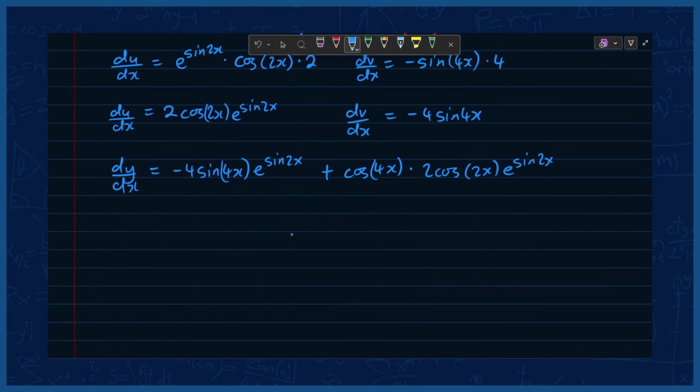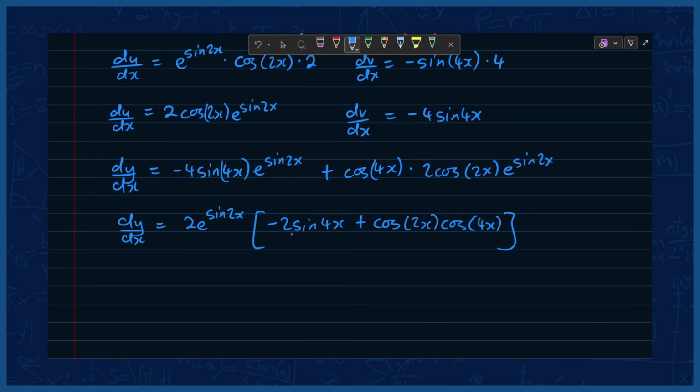I hope you can see that the e to the sine 2x is common in both terms, so I can factor that out. And also I can factor out a 2, so I'll factor out 2e to the sine 2x. In the first term, I remain with negative 2, and this is sine 4x. And then in the second term, taking the e to the sine, I've taken the 2, I should remain with cos 2x, cos 4x.